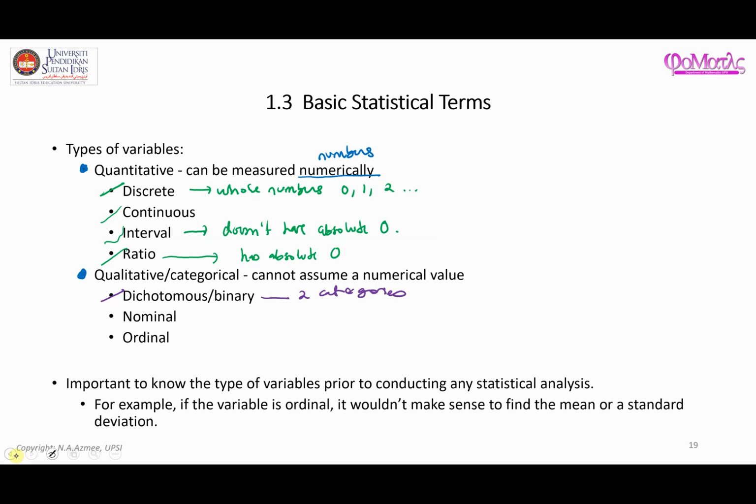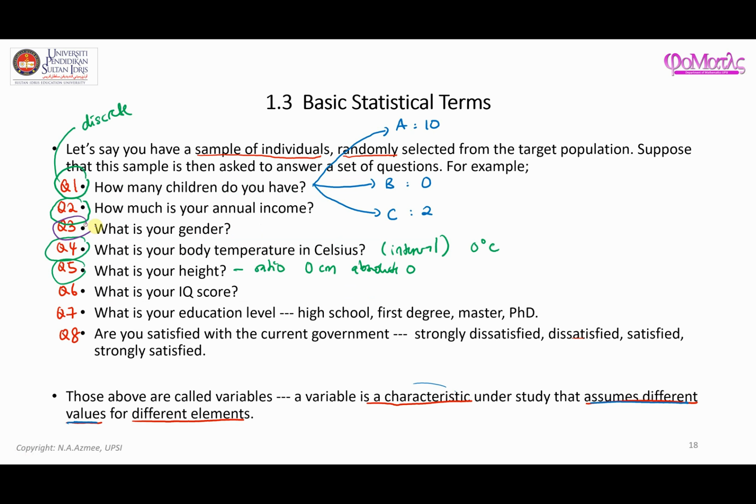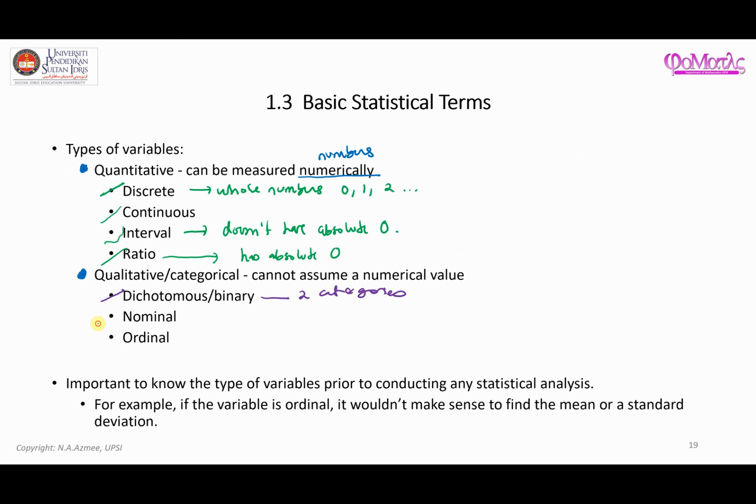As an example, this is a dichotomous variable because when you ask this question to a group of individuals, the answer can be either male or female. There is nothing in between. So there are only two categories here, male or female.